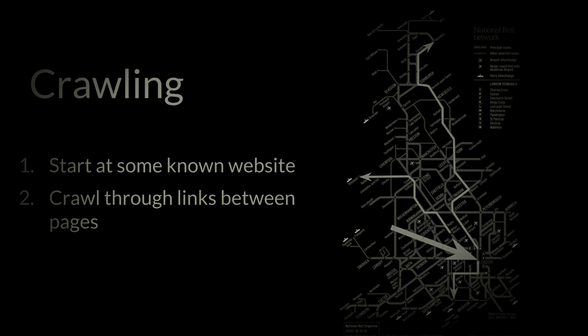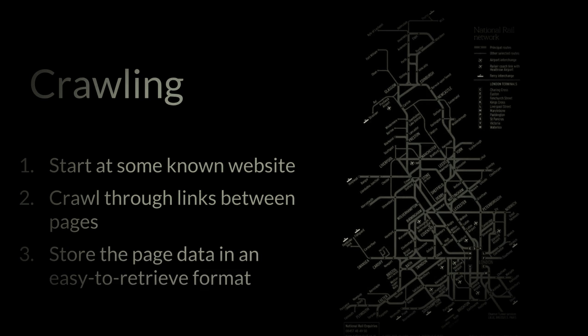So this is the process of crawling, where the search engines find all of the valuable pages across the internet and save them somewhere. They store them in an easy to retrieve format.